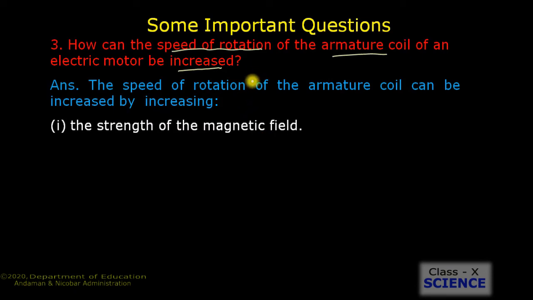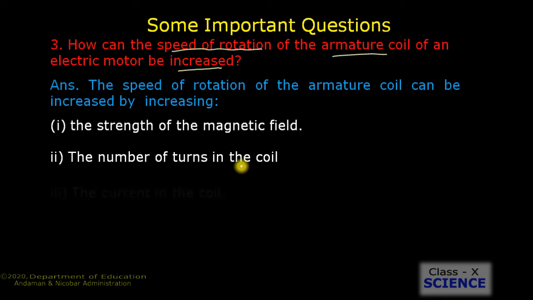The second factor on which the speed of rotation of the armature depends is the number of turns in the coil. If we increase the number of turns in the coil of the armature, then the speed of rotation will be more. And the third factor on which the speed of rotation depends is the current in the coil. If we pass less current in the coil, obviously the speed at which the armature rotates will be less.